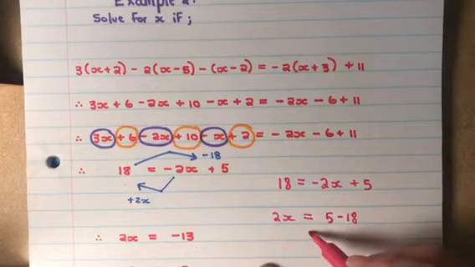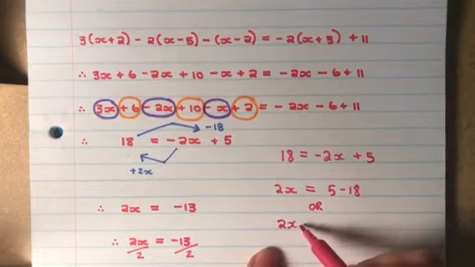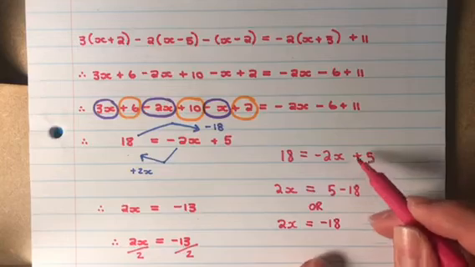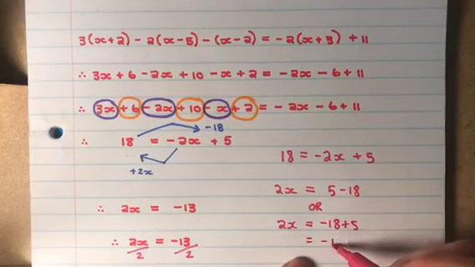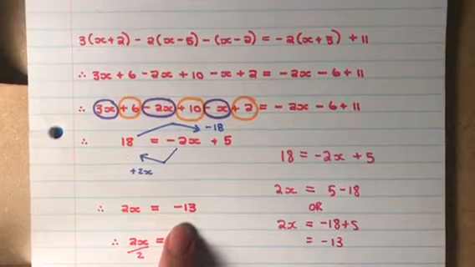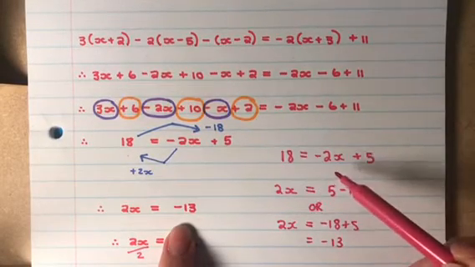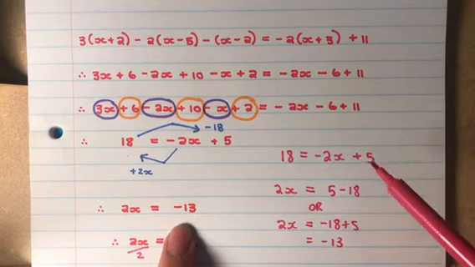Let's say you did it the other way around. You said 2x is equal to, you squished the negative 18 in first, then the plus 5. Negative 18 plus 5 still gives you negative 13. So it doesn't matter about the order where you squish it in. If you squish it in the front of the 5 or the back of the 5, it doesn't matter because the sign goes with it.